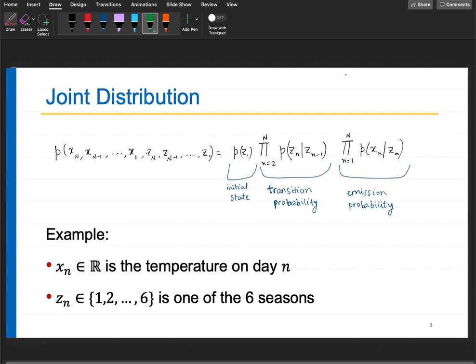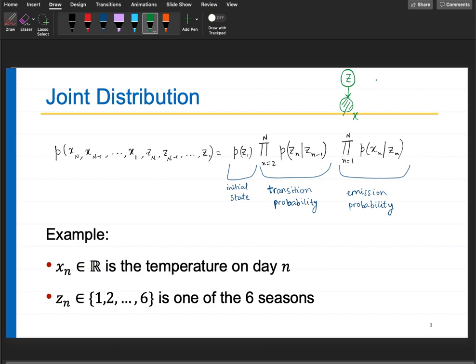You have a state denoted by Z which gives rise to something called X, and this X is observed. But Z is not observed. Z is a hidden state.